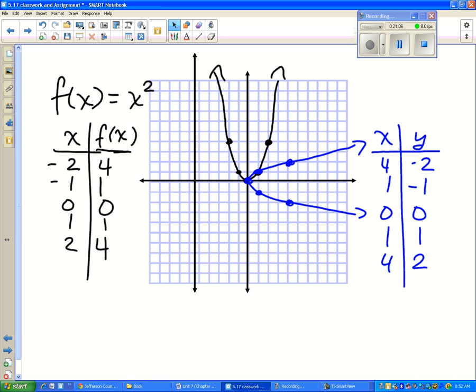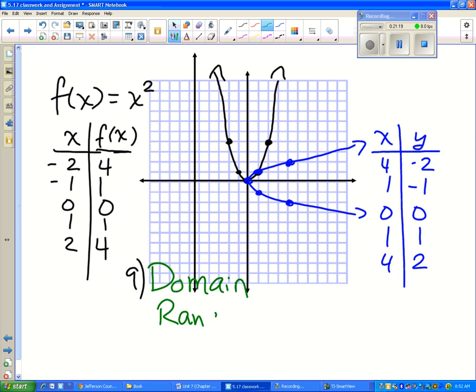Number 9 asks for the domain and the range of the original function, f of x equals x squared. What can I plug into this x?